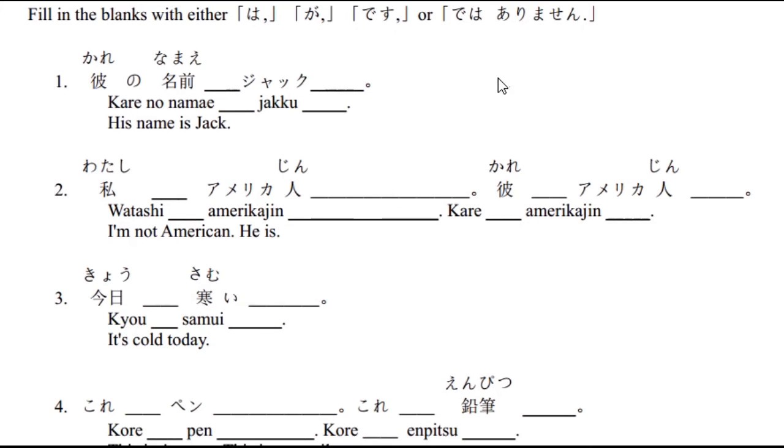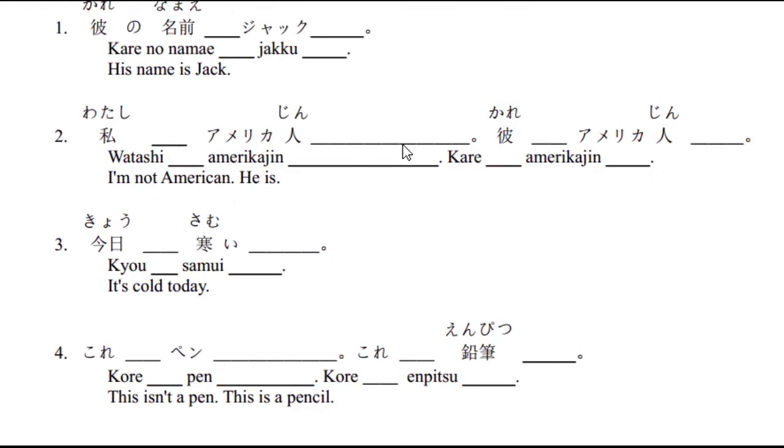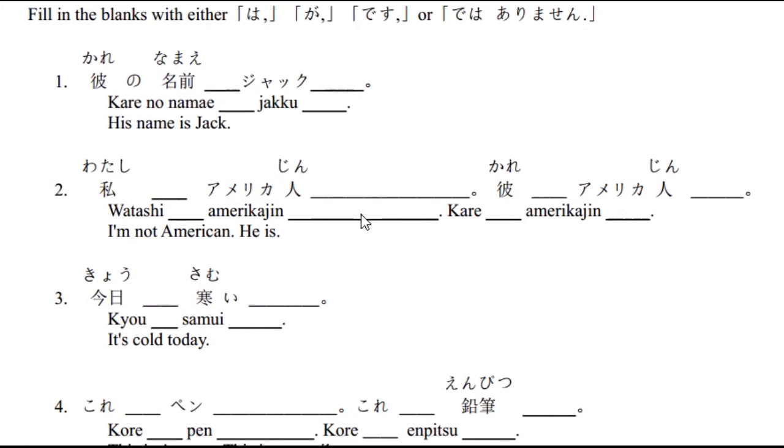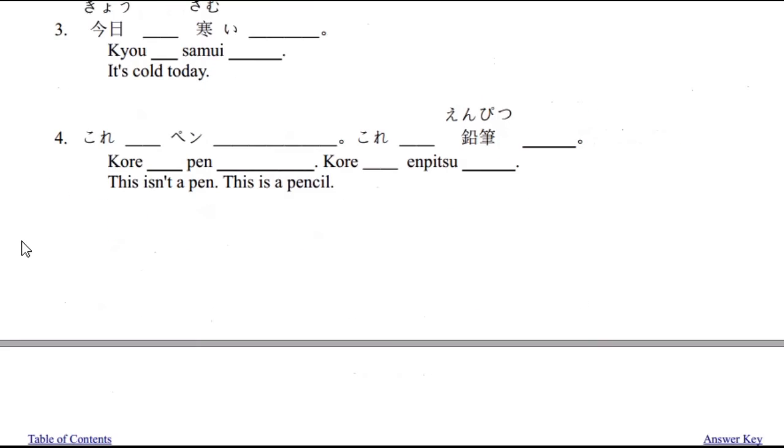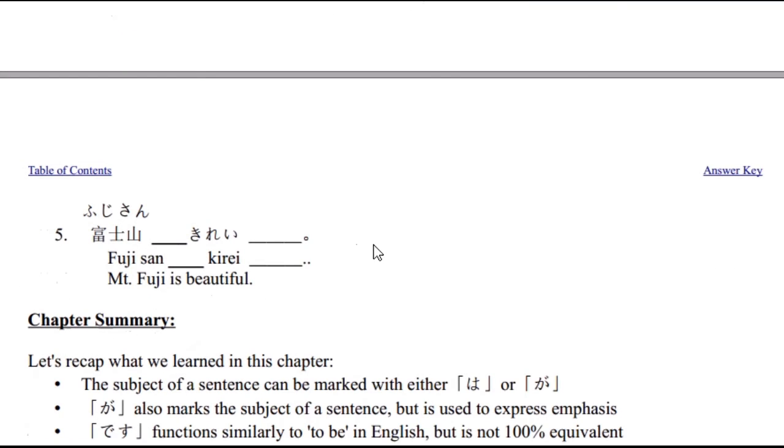So as you write these answers down, please try to use hiragana to do so. So anyway, I'd like everyone now to pause the video, and we're going to fill in the blanks and read the English sentence to kind of help you out to know if it's desu or de wa arimasen. So pause the video, answer the questions, and I think we got one more at the bottom. Okay, pause the video and answer the question.